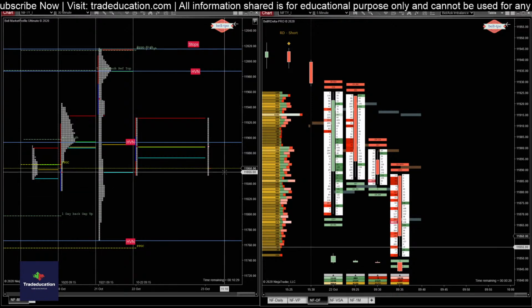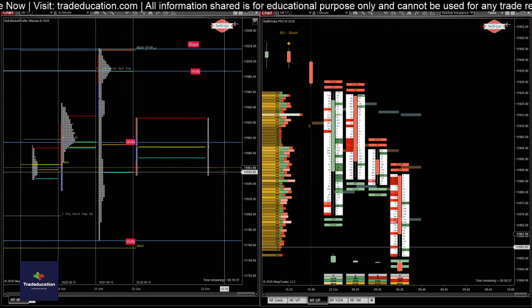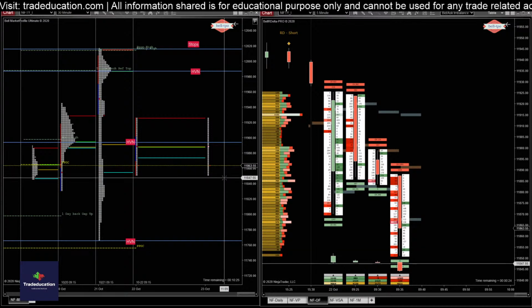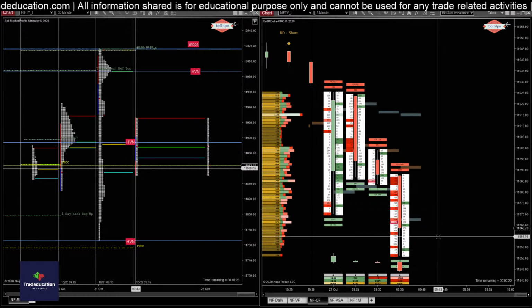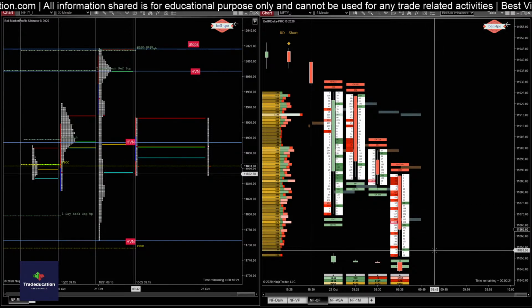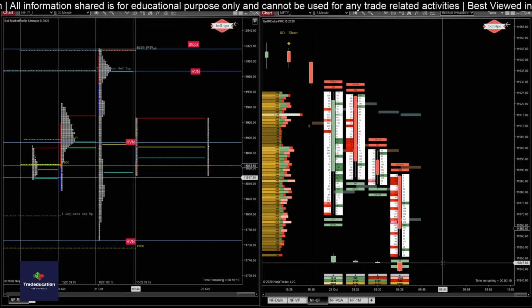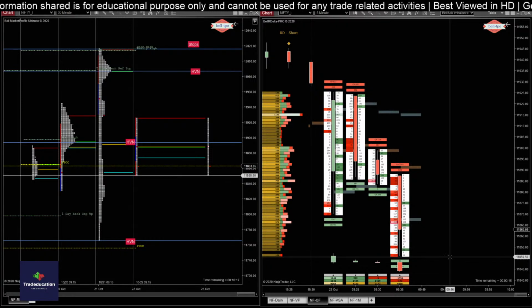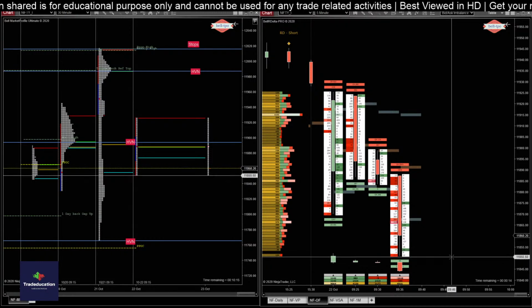Okay, so now I'm expecting some buyers to step in. The low is again still weaker. The low is not secure. It's an unsecured low. So expect some sort of continuation. So some sort of exhaustion is what I'm seeing.